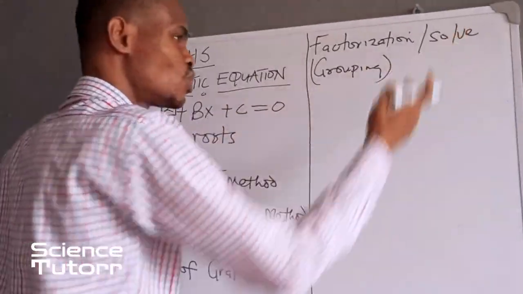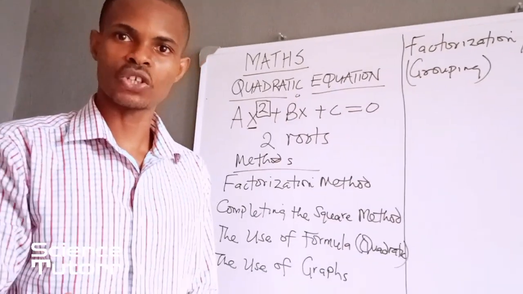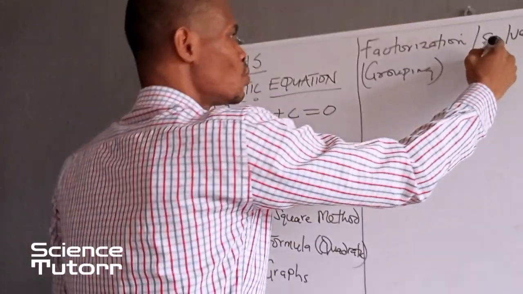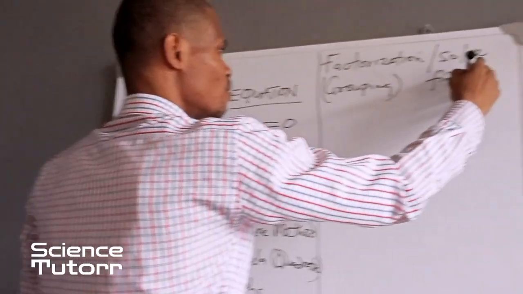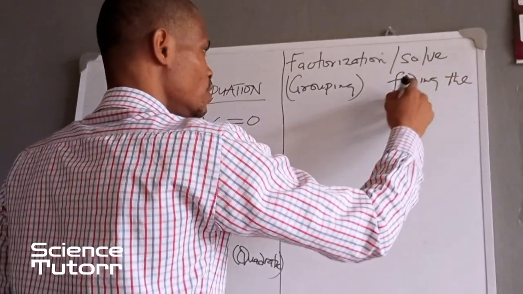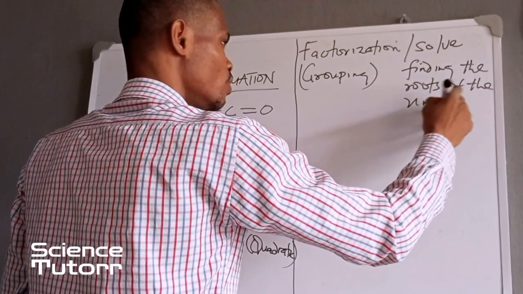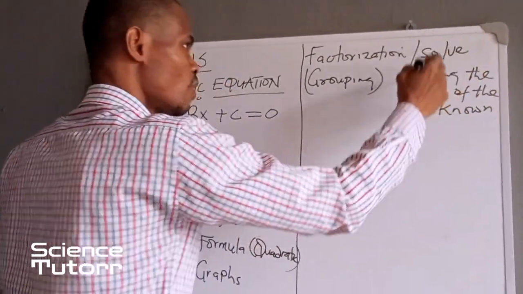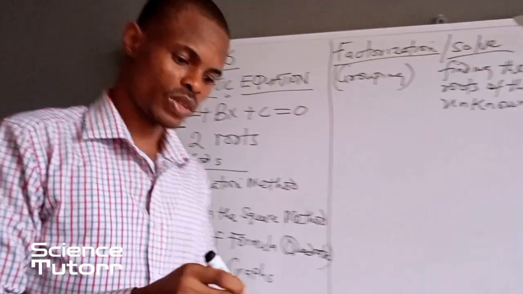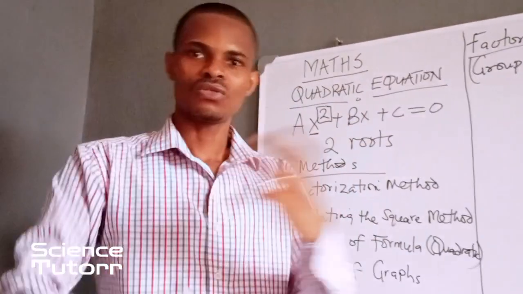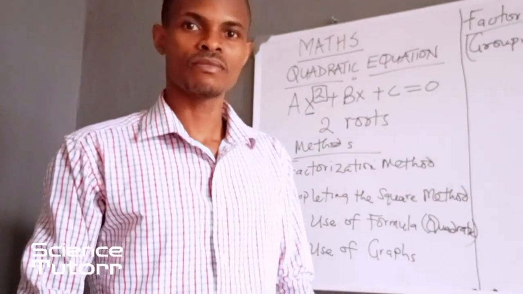But when we say solve a quadratic equation, it means finding the roots of the unknown. So take note of these 2 words. Most times students tend to misuse them.